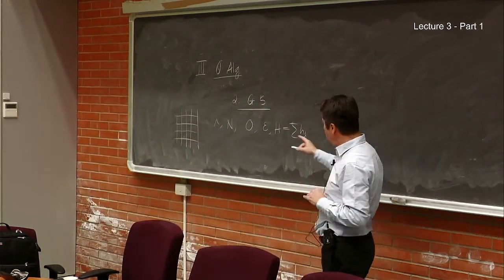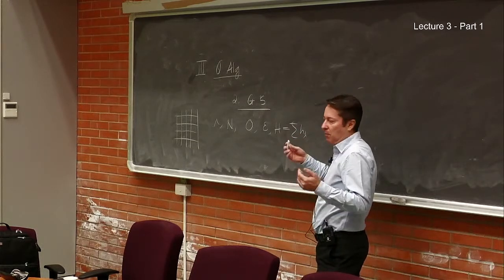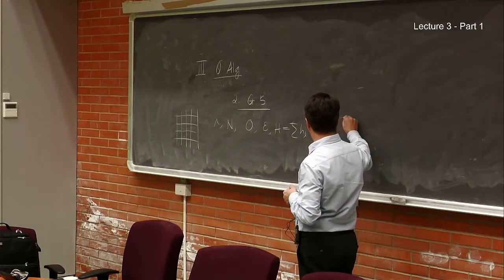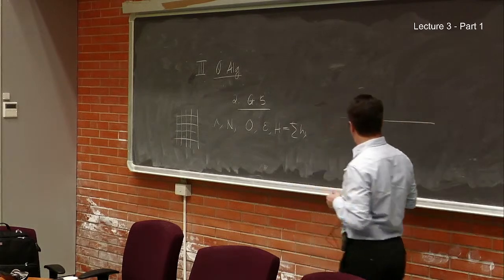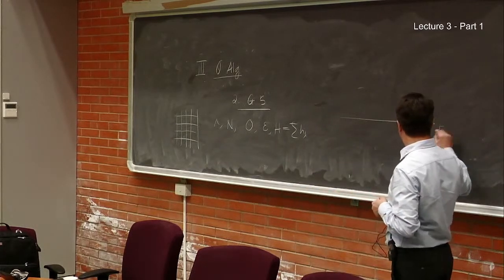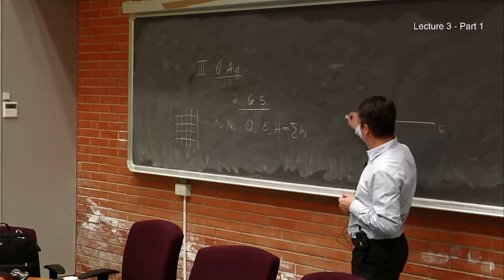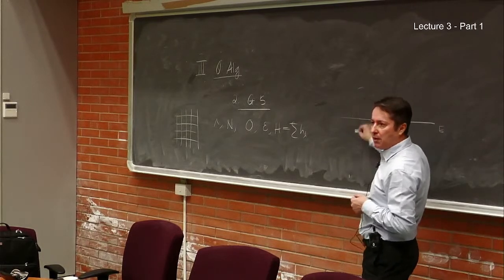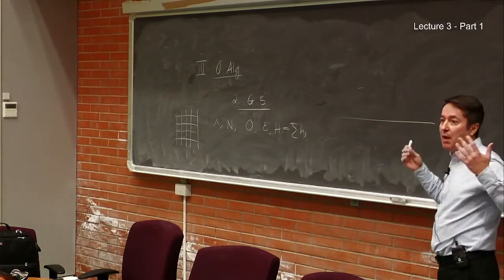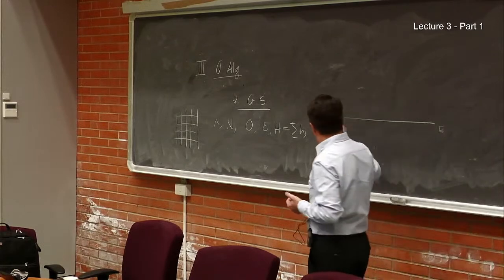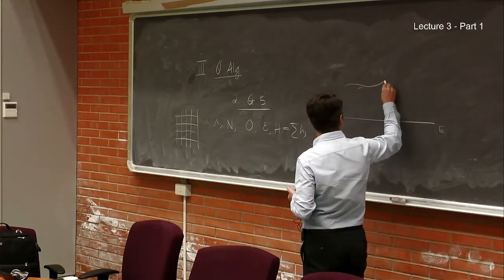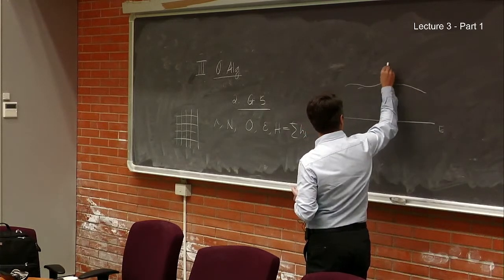So let me take the Hamiltonian and consider its spectrum. I mentioned something related to that yesterday. So this is the spectrum, where I write the energy and then put all the eigenvalues here. If we have n qubits, then the number of states that will appear here will be 2 to the power n.